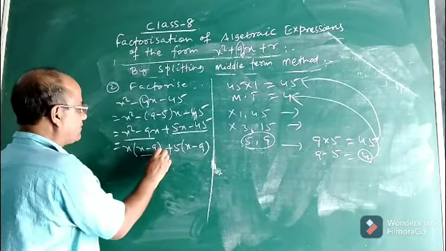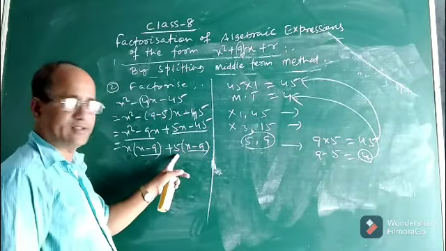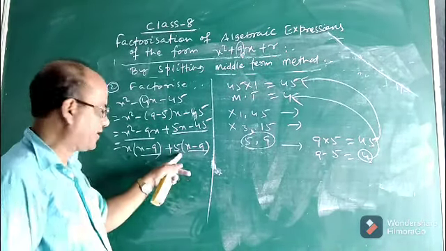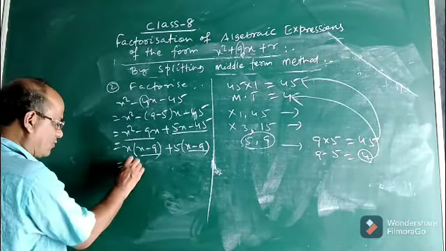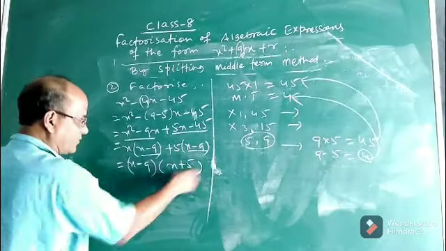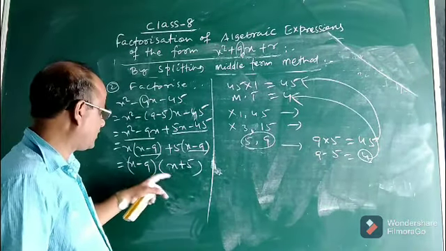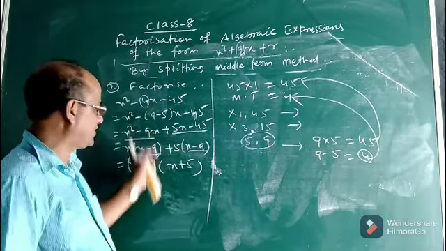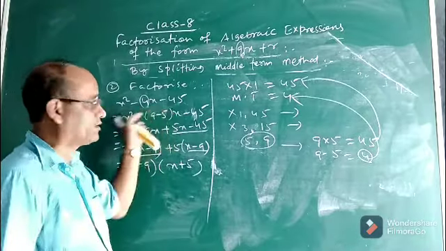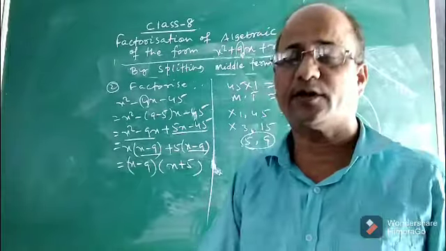Now the binomial x minus 9 is common to both terms, so we can take x minus 9 as common again. So you will get x plus 5. So x minus 9 into x plus 5 will be the required factorization. These are the two factors whose product will be equal to this algebraic expression, that is x square minus 4x minus 45.